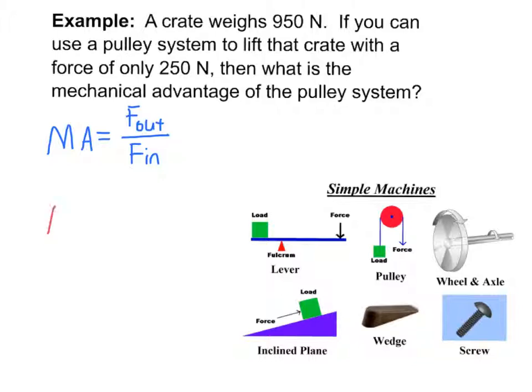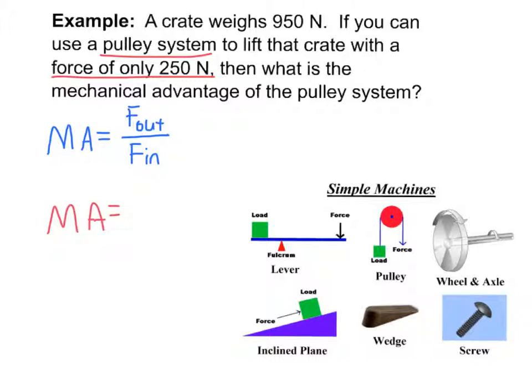We can say mechanical advantage equals, now which is the force out and which is the force in? If you're confused, just think of it. We have our pulley system here, and it's lifting this crate with a force of 250 newtons. So that is the force that it is using to lift that crate.